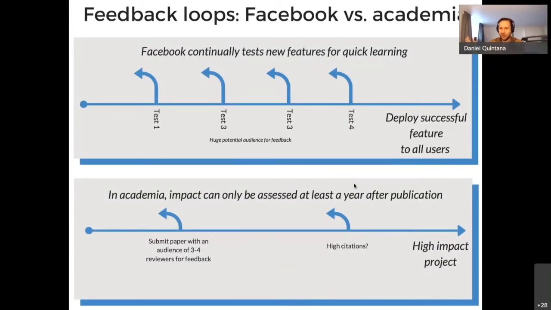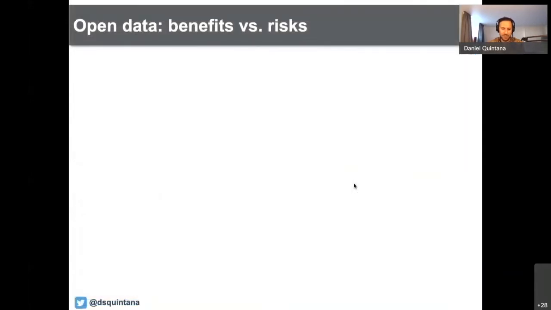We have this old model where feedback takes forever, but now with open science and social media, there are ways that we can get immediate feedback rather than waiting a couple of years to judge the impact of a paper. We can get feedback almost straight away, on the proviso that our work is open.